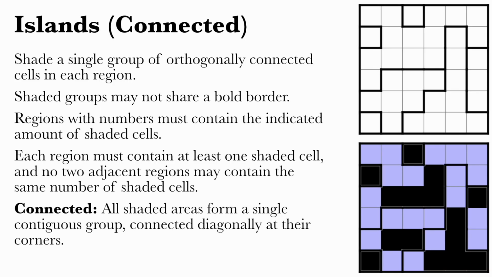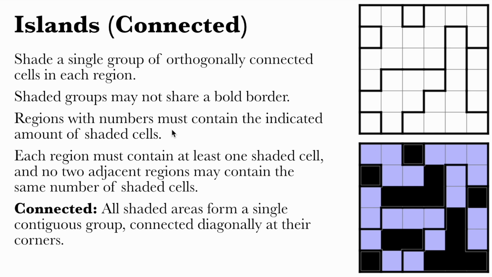In islands, we shade a single group of orthogonally connected cells in each region. Orthogonally connected means from any one cell in the region, we can get to any other cell by going horizontally and vertically through that area. Shaded groups may not share a bold border, which means that wherever this group of orthogonally connected cells is, it's not going to touch another one on an edge.